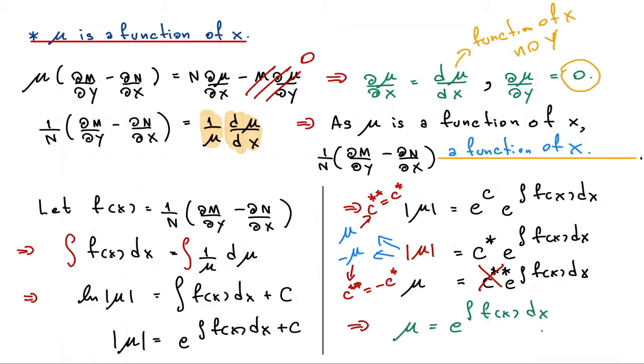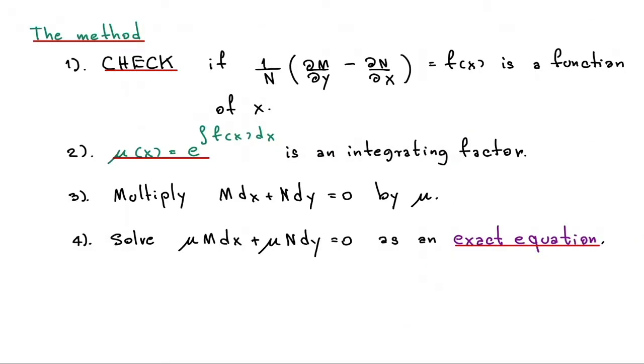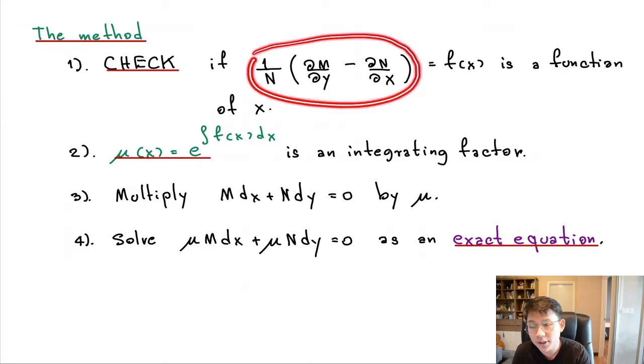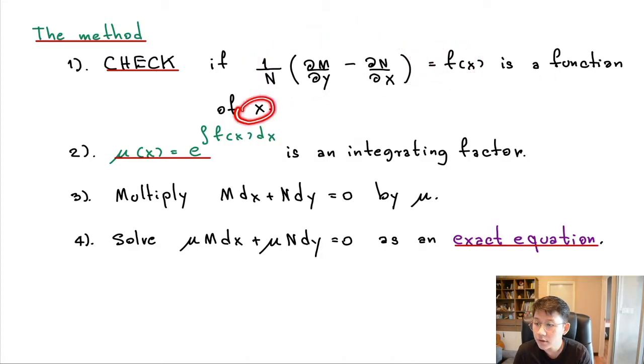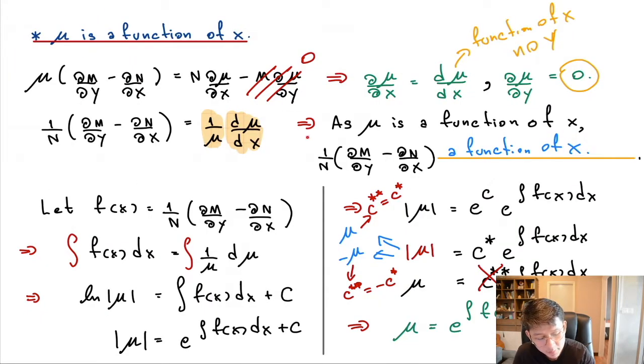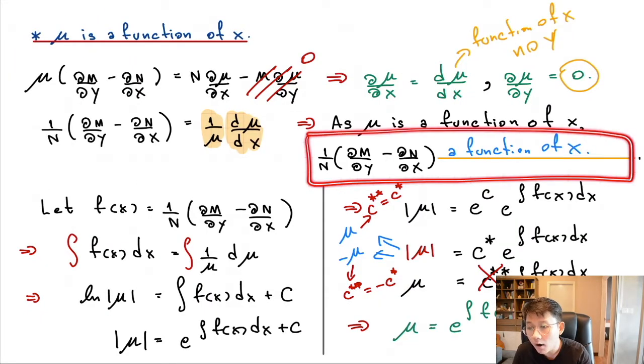Okay, so the method for when mu is a function of x, you first need to check. Okay guys, this is the method. First, you need to check if 1 over n, the partial of m by dy minus the partial of n by dx, is a function of x, right? Because as you see here, this must be a function of x, so that mu is a function of x.